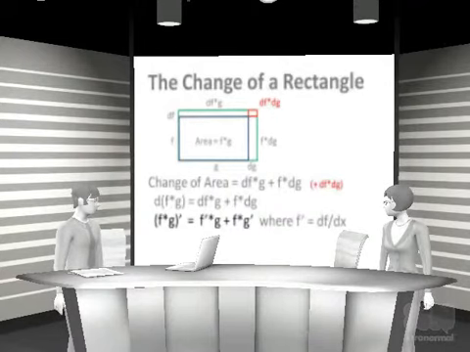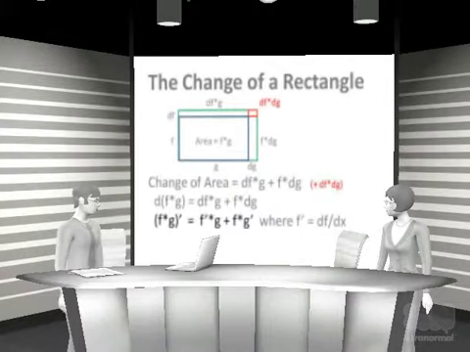And they will give a small change in the area, dA, consisting of 3 parts, df times g, f times dg, and df times dg. So df times dg is the difference between the number dA and the number df times g plus f times dg. This difference can be made arbitrarily small, so locally, dA is df times g plus f times dg.